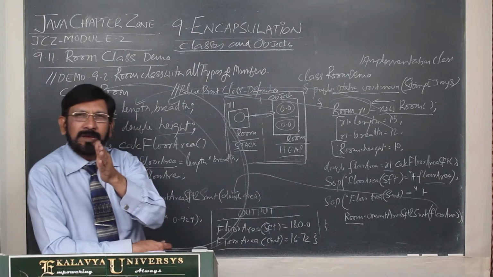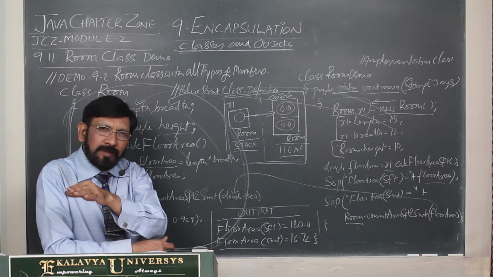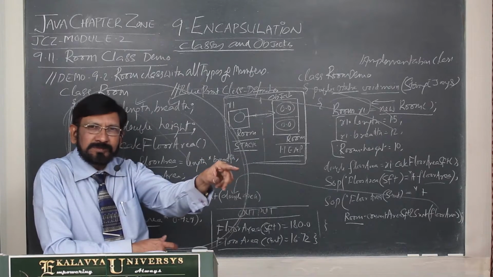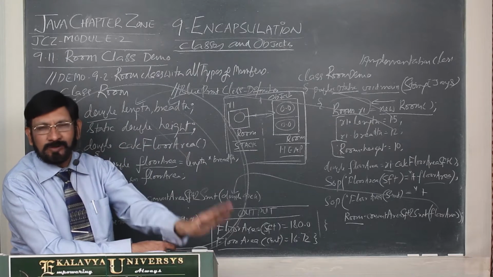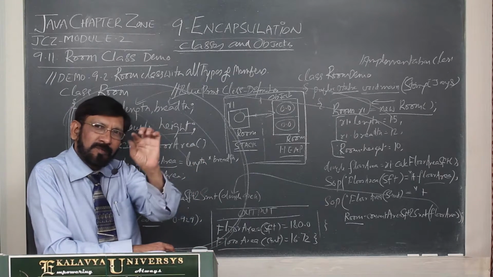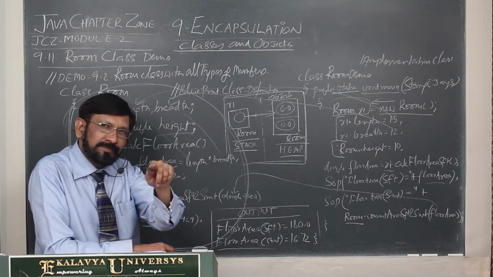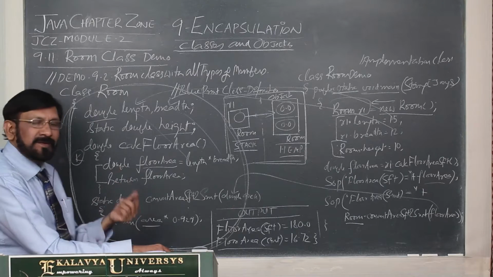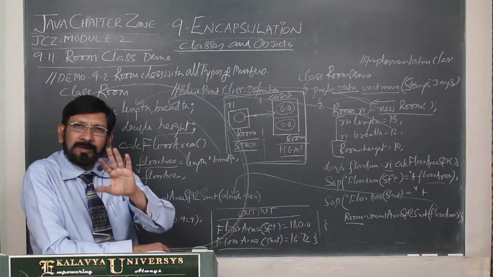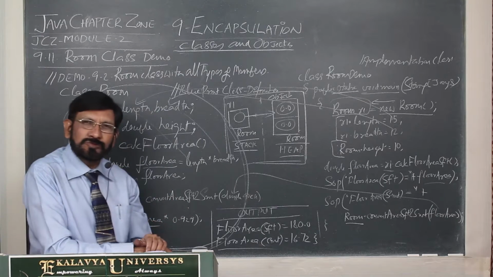Round off means if the paise part is 50 or more, it will be made as 1 and added to rupees, and less than 50 is ignored. So a round off bill amount is the right candidate for a static method, because it is a common utility method. But one thing I am telling you, static methods we use very rarely.